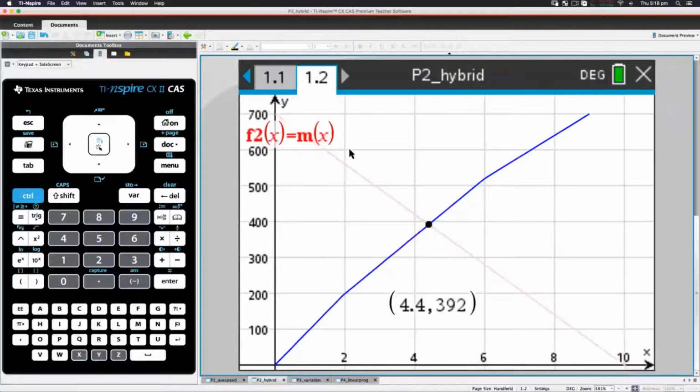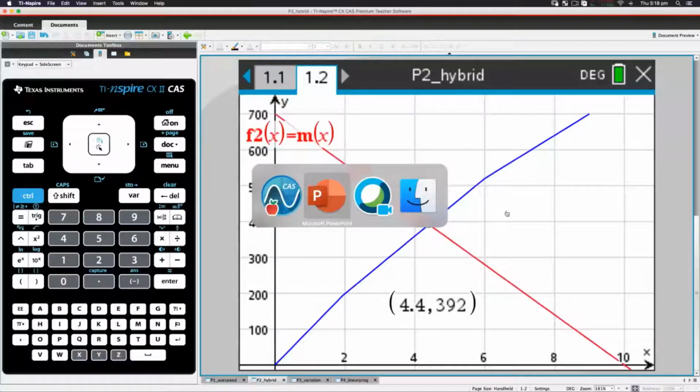Okay, so with all of these problems, some form of visualization is helpful, but it's good to know that you can work with it algebraically even without having it visually represented. Okay, so that's the end of problem 2. And now we'll move to problem 3.